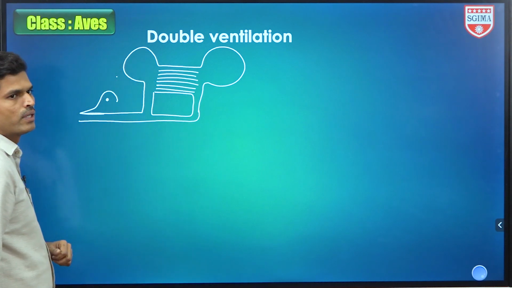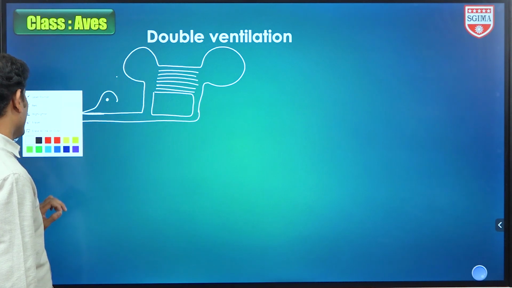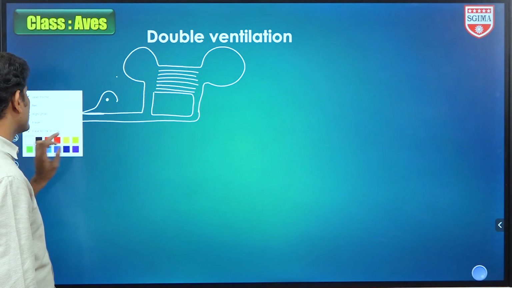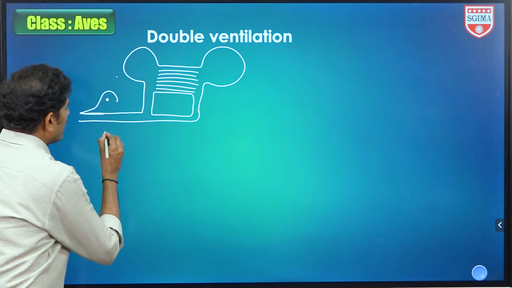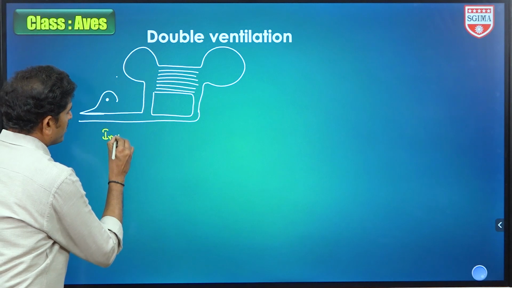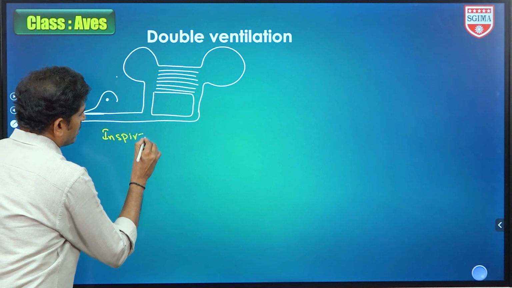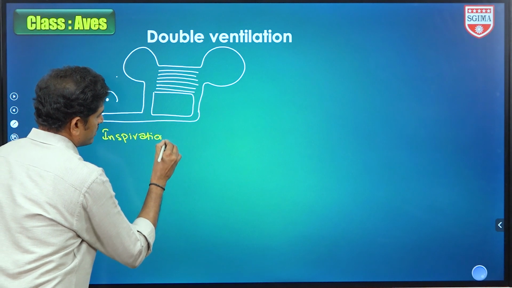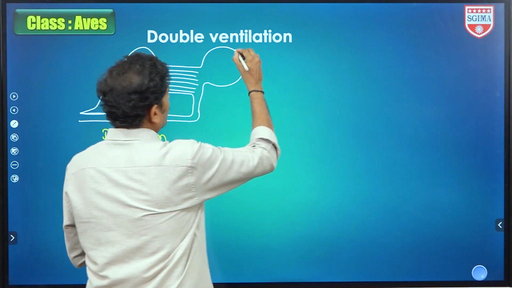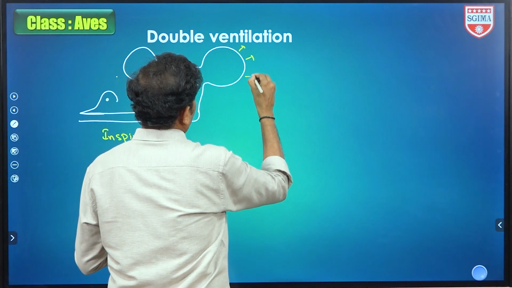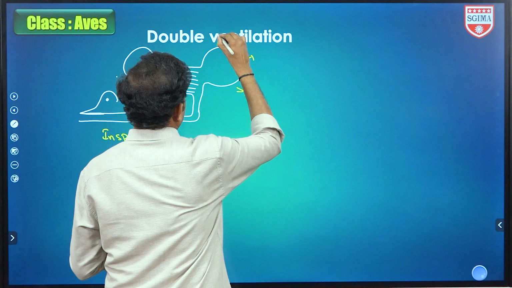So this is during inspiration. Inspiration phase, by the contraction of muscles, वो पूरा mechanism अभी जरूरत नहीं हमको. What is double ventilation? We are going to discuss this one.